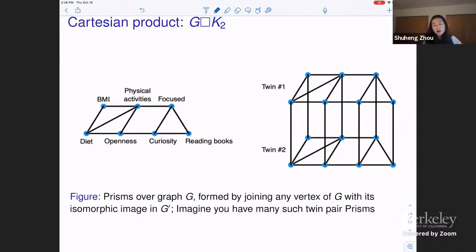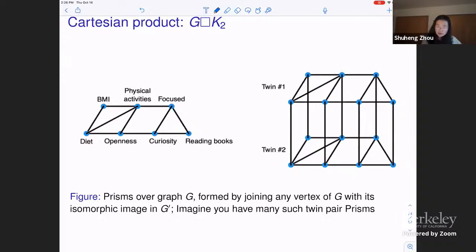These edges I put in there are just based on some conjectures. And now suppose I have a twin sister, and the two of us participate in the study. So I can imagine the psychologists would want to ask the same questions about my sister and me, how correlated our diets are, which is obviously very correlated, and how correlated our physical activities are, which could also be very correlated before school age.